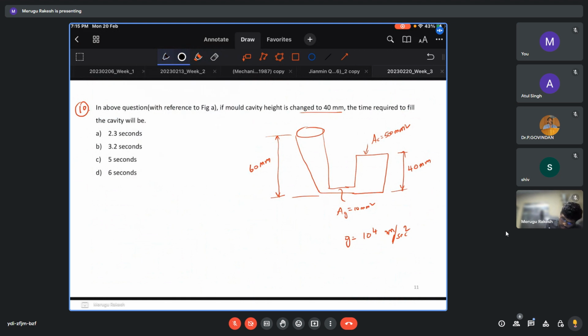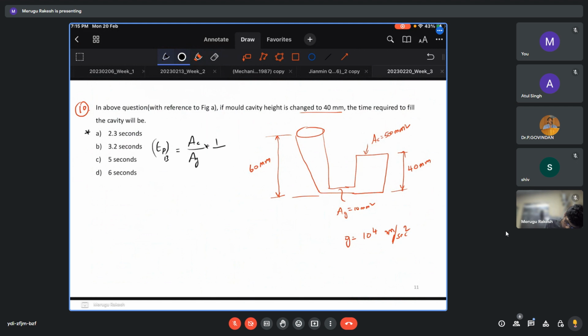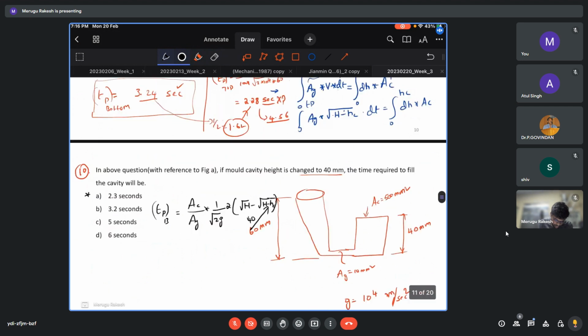Let me write the formula. T pouring in case of bottom gating is A casting divided by A gate, times the square root of 2g, times the square root of H minus Hc. Everything is similar, we just change this Hc value to 40. So it should be less than 3.24.